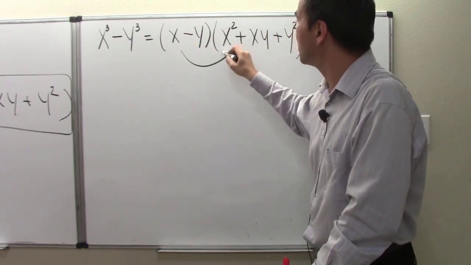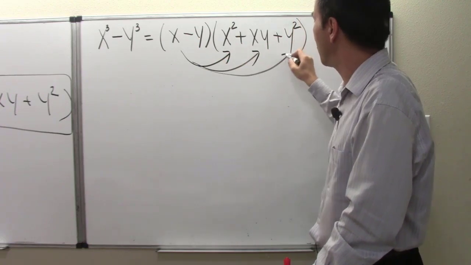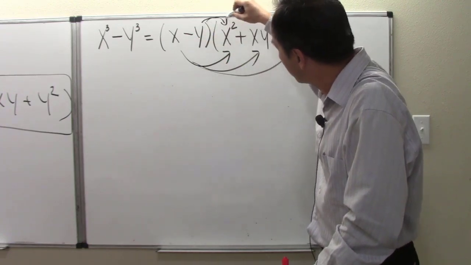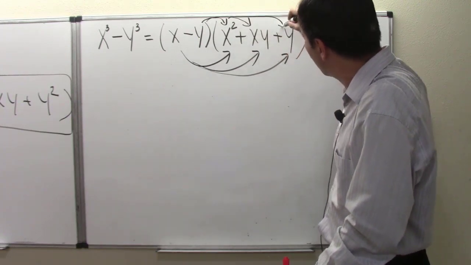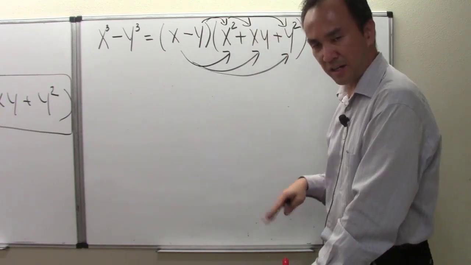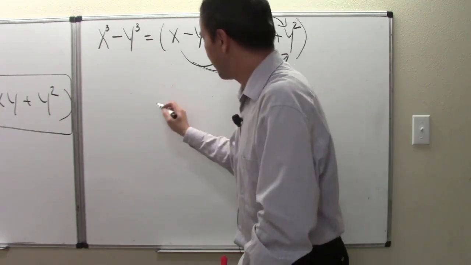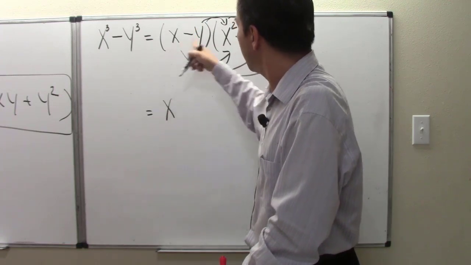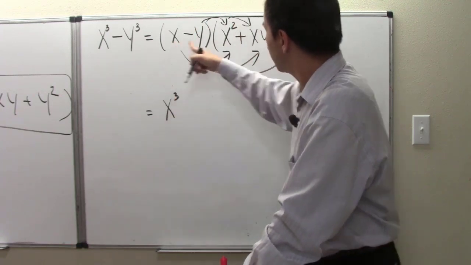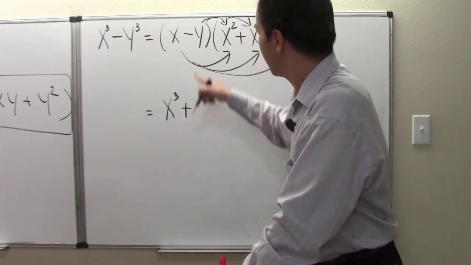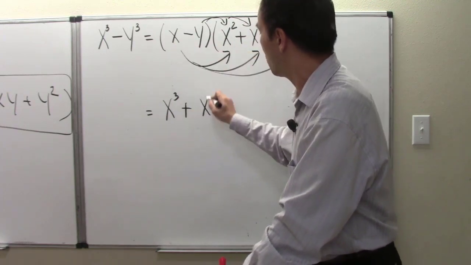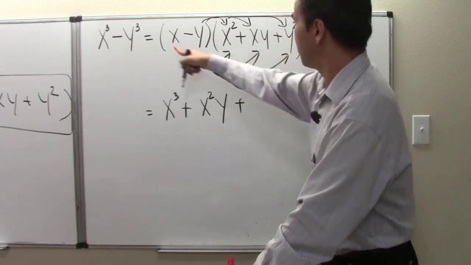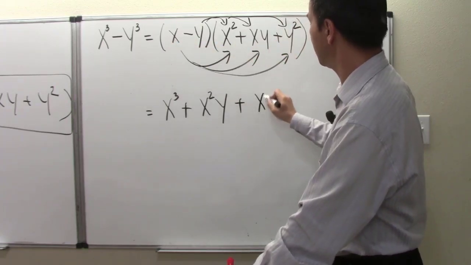So x is going to multiply with x squared, with xy, and y squared. The minus y term is going to multiply with y squared, with x squared, xy, and also the y squared. So that's what I meant by the foiling like that. Doing the distributive law right there, x times x squared gives me an x cubed, x times xy gives me, with a plus sign, x squared y. x times y squared gives me, with a plus sign, x y squared.